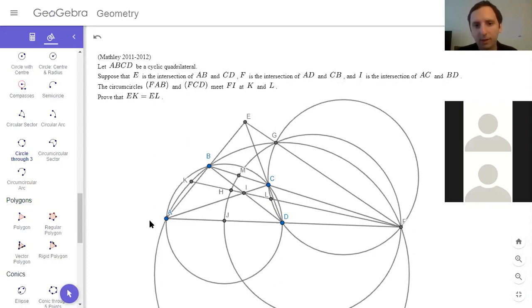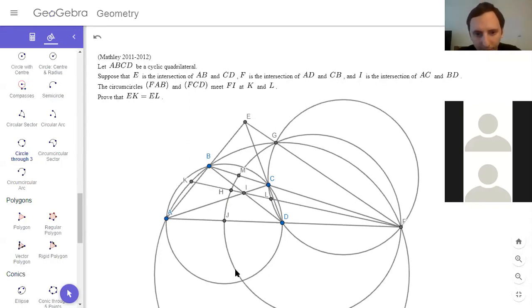So the similarity makes them, yeah, I think you get it. I'm going to write out the proof formally. Because FCD and FAB are similar, M and J are halfway between, and H is also halfway between. So yeah, let me see.